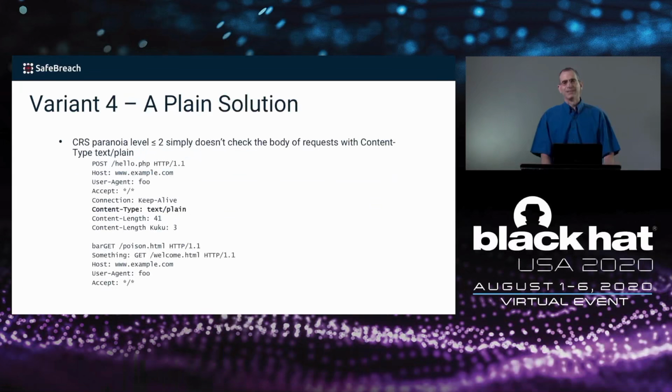And then we discovered a much funnier bypass, which is to use content length text plain. This one in paranoia levels 1 or 2 simply makes the Core Rule Set disregard the body entirely, and so we can get our HTTP request smuggling attack nicely through ModSecurity plus CRS.